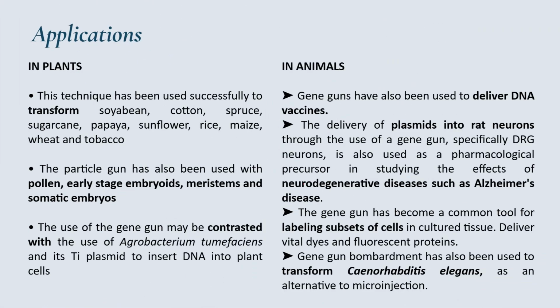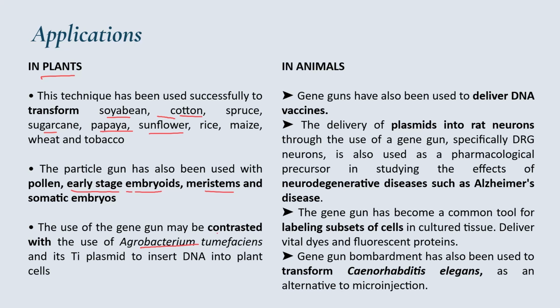And when we look into the applications in plants, we have seen this technique has been used successfully to transform soybean, cotton, spruce, sugarcane, papaya, sunflower, etc. The particle gene gun has also been used with pollen, early stage embryoids, meristems, etc. in situ type of transfection, and it can also be used in place of Agrobacterium tumefaciens, right?